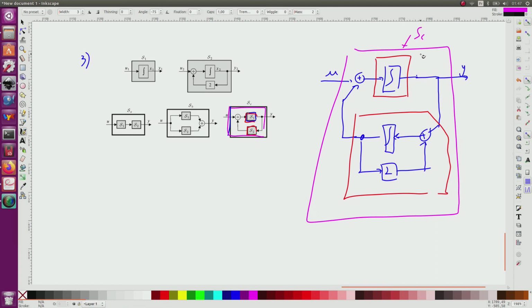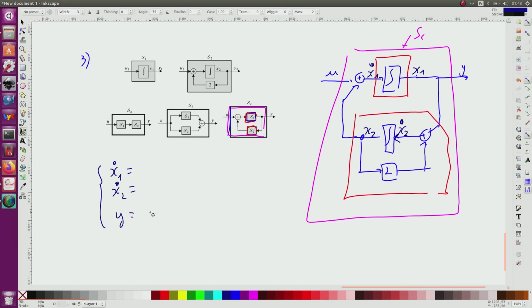So whatever the connection is, the memory is still x1, x2. Here I have x dot 1, x2 is here, x dot 2. And if I write this, the state equations are given by x dot 1 equal, x dot 2 equal, y equal.